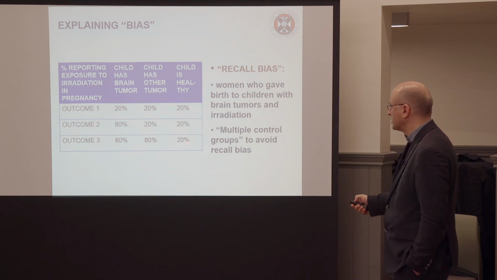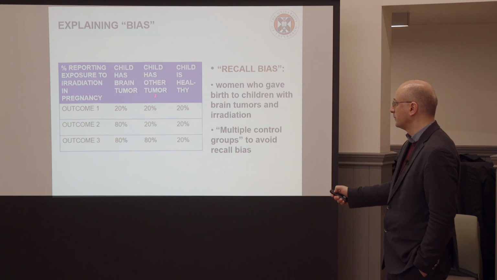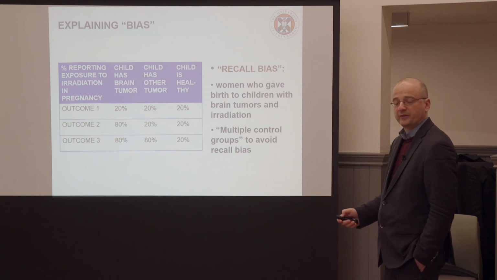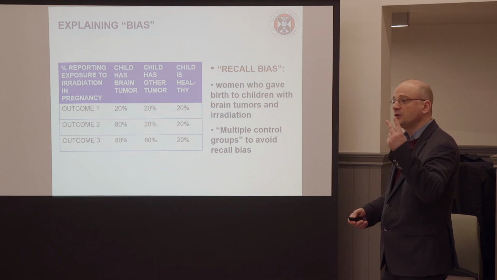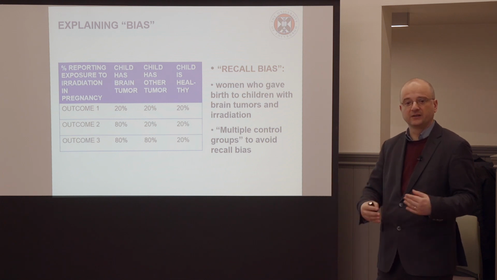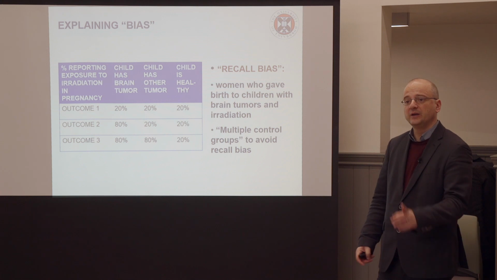But if mothers with healthy children reported 20%, and mothers whose child has a brain tumor and mothers whose child has another tumor both reported 80%, that could mean two things. That could either mean that irradiation has a non-specific effect on all cancers, but we know that it doesn't.